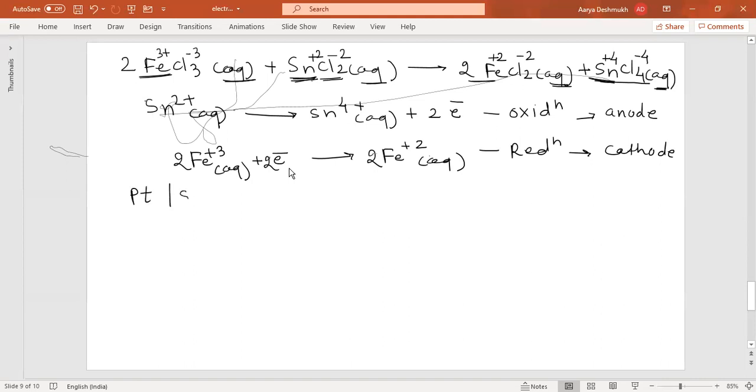Then write SnCl2. Here look at this reaction, that is SnCl2 here in aqueous phase, and here SnCl4 again in aqueous phase.